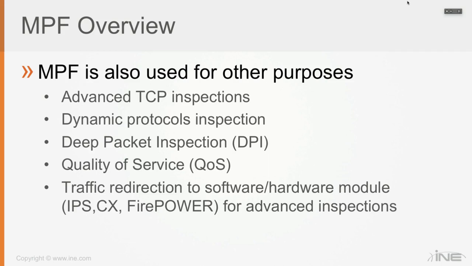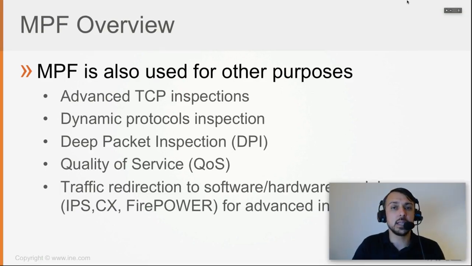It can also be used for quality of service, and to redirect traffic passing through the ASA to the ASA's software or hardware module, which can be the IPS module, the ASA CX module, or the Firepower module. So we can make use of MPF to redirect traffic through that module for advanced inspection. Also, as we saw, MPF was used for NetFlow on the ASA. In general, whatever is an advanced inspection on the ASA, you're going to see that being done via MPF.